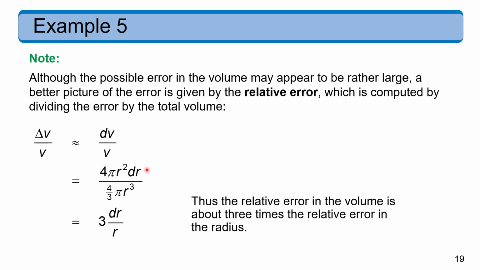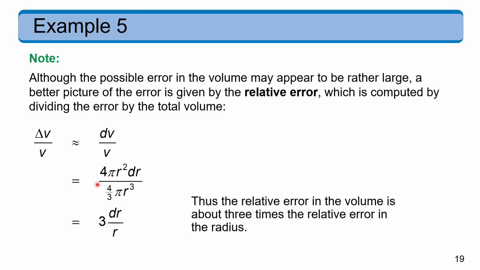It was the derivative of the volume function times dr, right? It's the differential formula, and then the volume formula here. Simplifying, we can cancel the 4's, cancel the pi's, cancel r squared. This 3 flips up to the numerator.